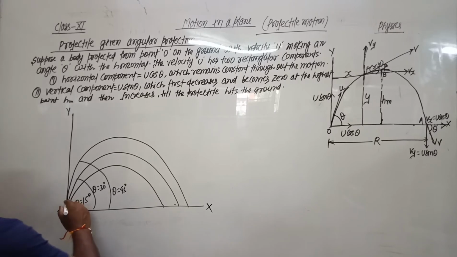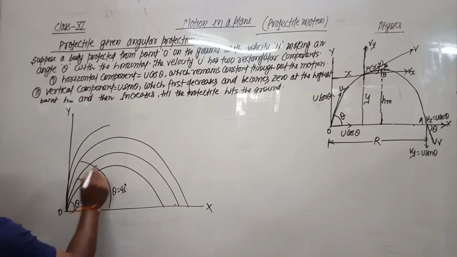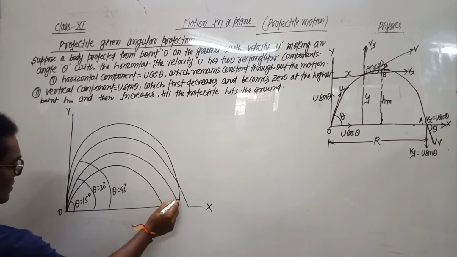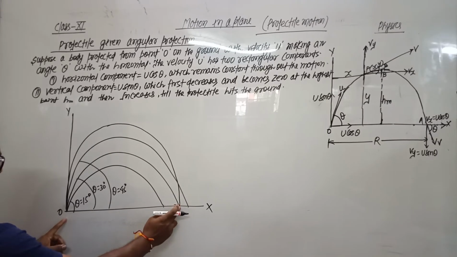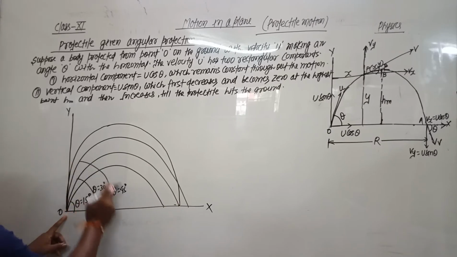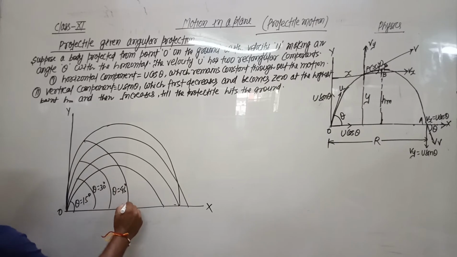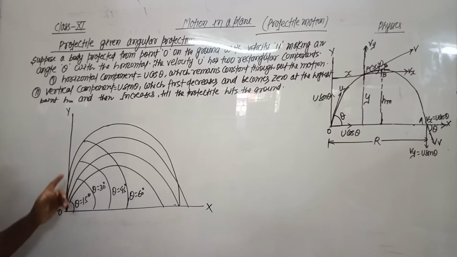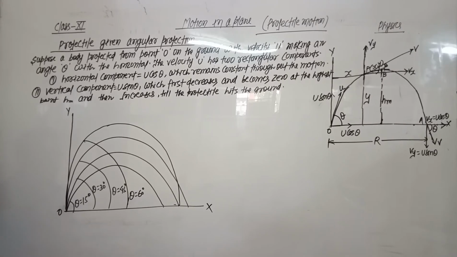the range will be, for 60 degree, the range will lie on this. So this was the range for 30 degree, and for 60 degree, the range comes to be the same, because 90 minus 60 we get 30 degree.